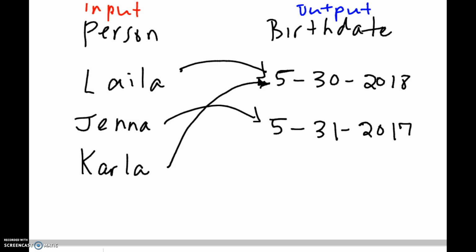So this is an example of a function. It doesn't matter that the output values repeat.